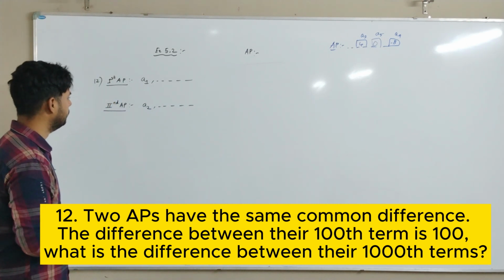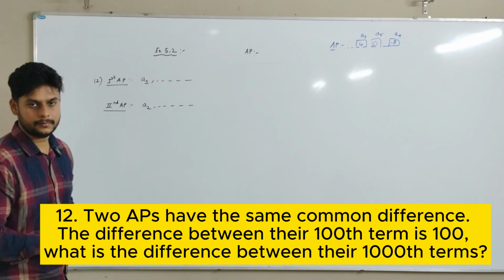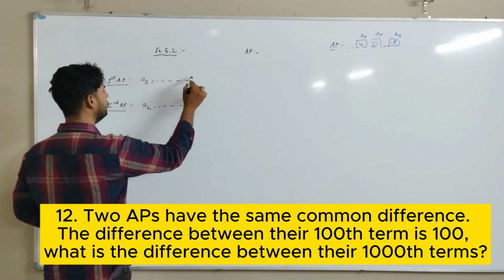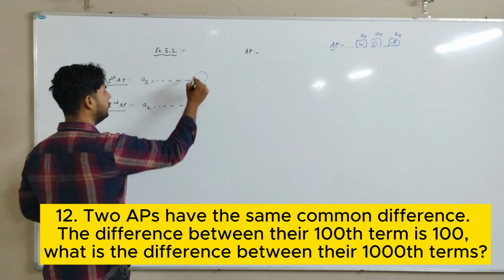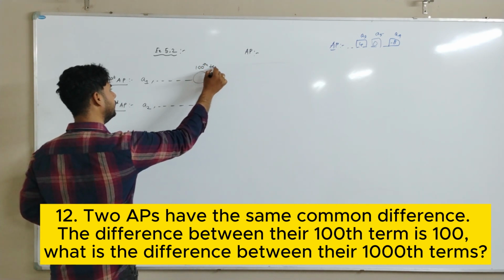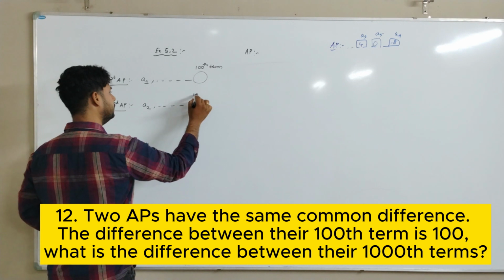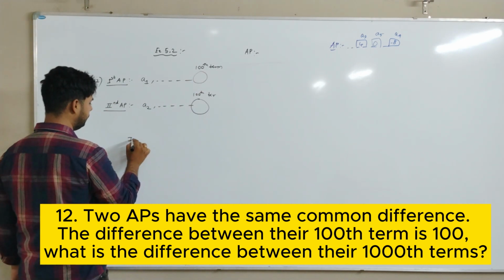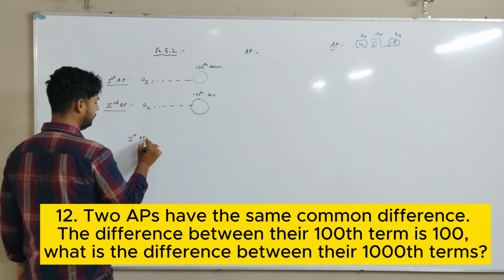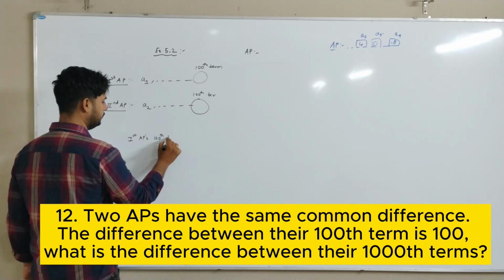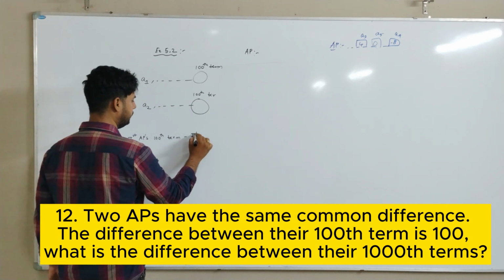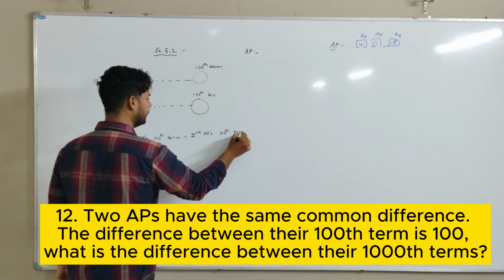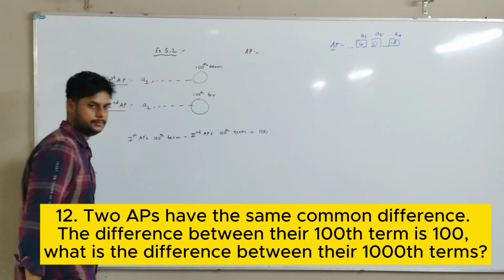Now read. The difference between their 100th term is 100. That means the first AP's 100th term minus the second AP's 100th term is 100.